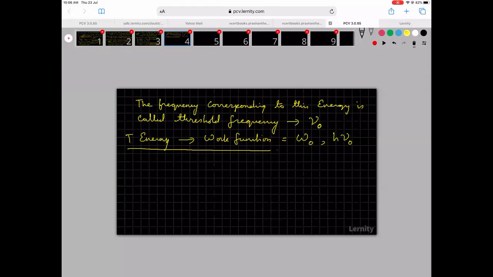Suppose I give some energy. Out of this energy, some energy is gone to overcome the pull of the nucleus. The rest of the energy goes as kinetic energy of the electron. This is the energy of the photon incident.